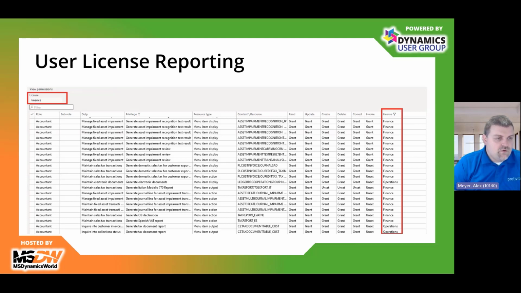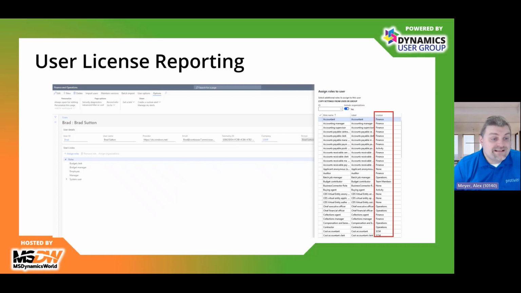In the upper left-hand corner is going to be the license requirement overall for this particular role due to your privilege. So in this case, I know very quickly that if I were to assign the account role to a user, that user is going to require a finance license based on the access this account role has.